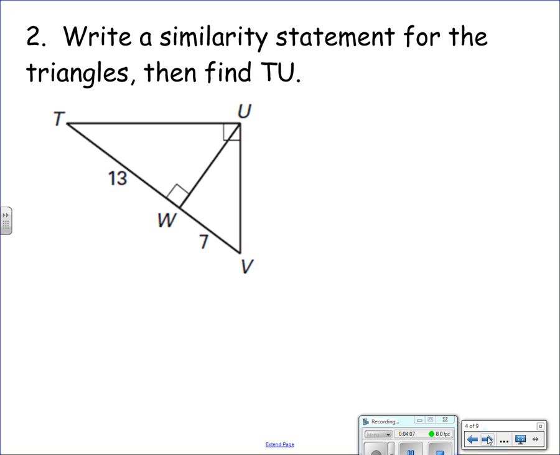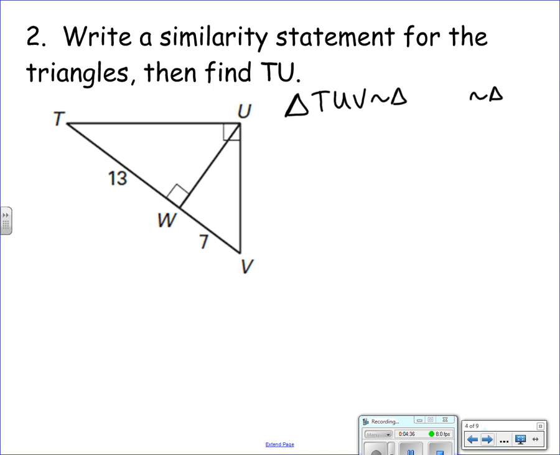So write a similarity statement for the triangles and then find TU. So our similarity statement, the big triangle, triangle TUV, make sure I can tell the difference between those if I were to ever give you this question, between the U and the V, similar to a triangle, similar to another triangle.